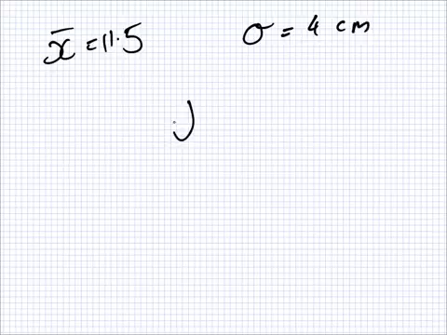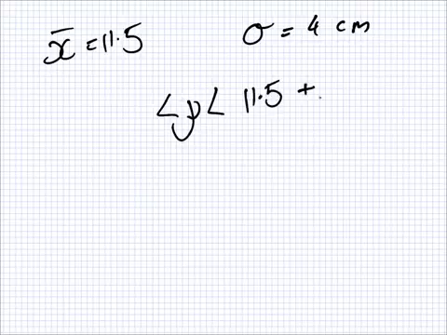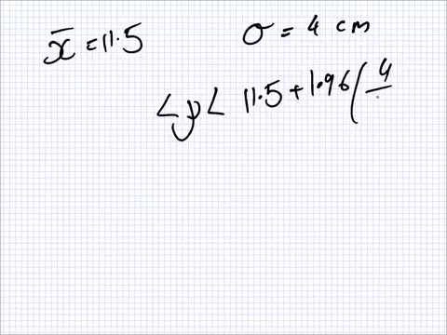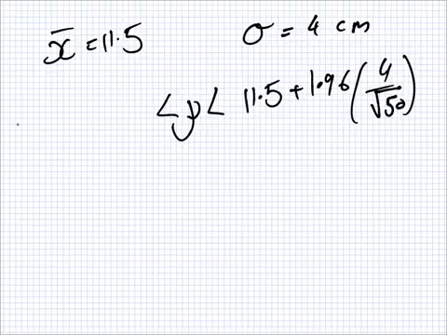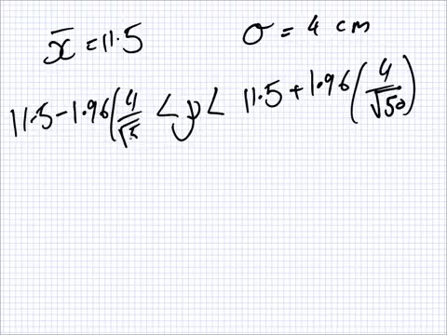So the true average should be between 11.5 plus 1.96 times 4 over square root. How many are there? 50. It says 50. And then 11.5 minus 1.96, 4 over root 50. This is the formula in the last class.